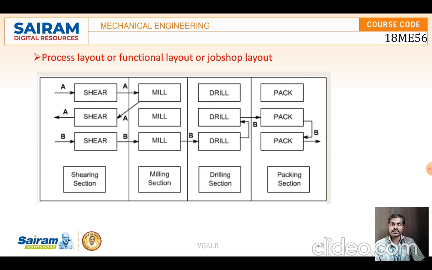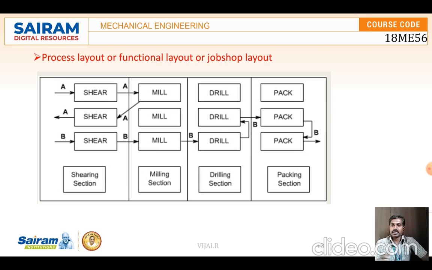In this drawing, you can see product A first goes to a shearing machine, then to the milling section. In the milling section, one milling machine is used for product A, and another milling machine is used for product B. So in the milling section, a number of products can be done, product A, B or C. Product A goes for shearing, then milling, then shearing again, and then it gets out as a finished product.